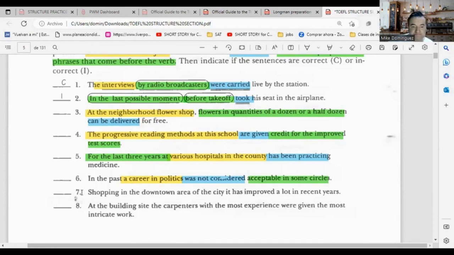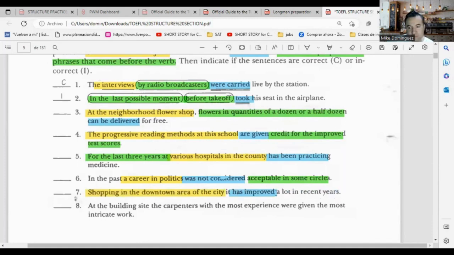Number 7? Shopping in the downtown area of the city has improved a lot in recent years. Has improved is the verb. Shopping in the downtown area of the city is the subject, and then a lot in recent years is the complement.